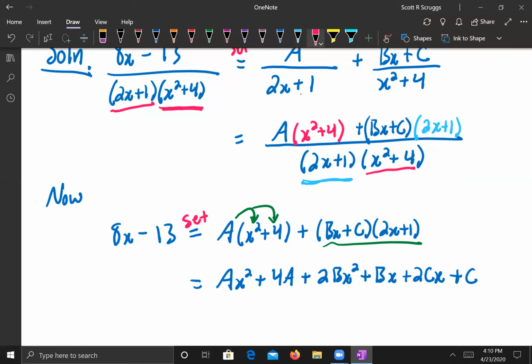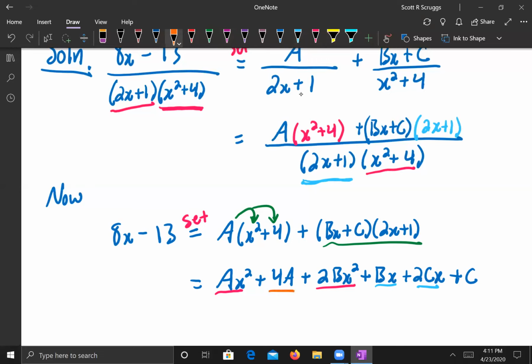And now what I'm going to do is combine like terms together. So for example, the two that I underlined in pink, they both have a quadratic term of x squared. So I'm going to combine them together. The terms that I underlined in blue, they have a common factor x, so they're getting grouped together.